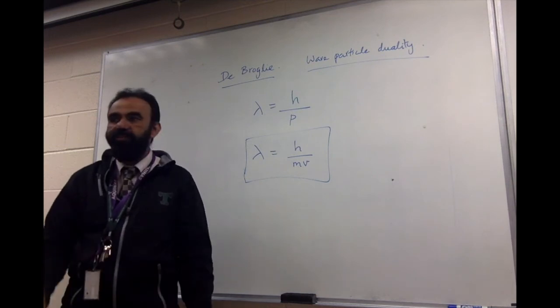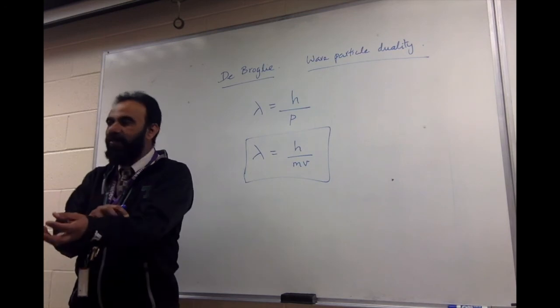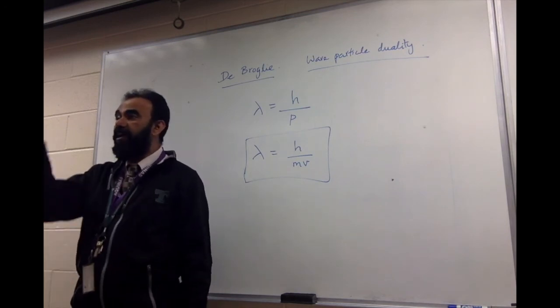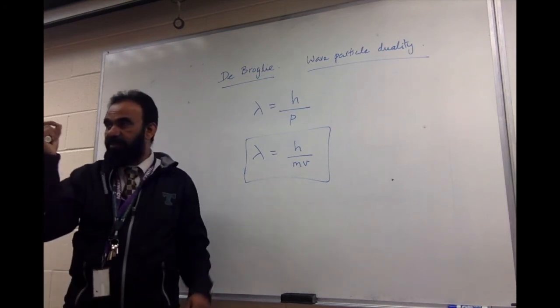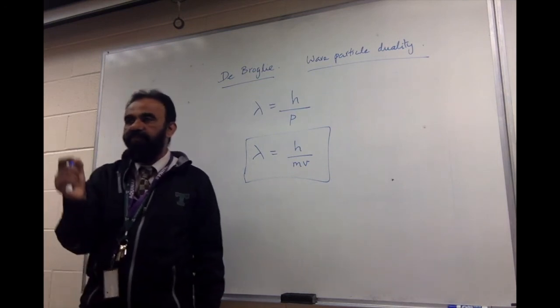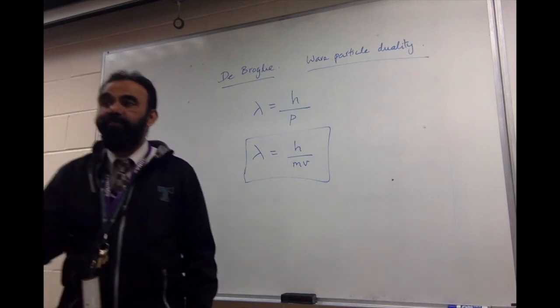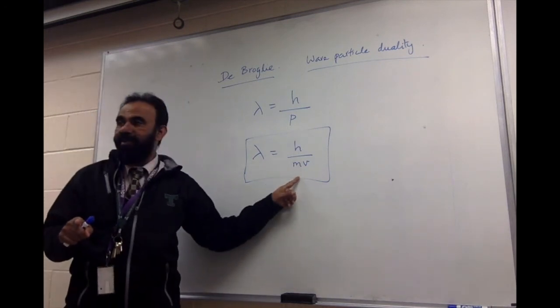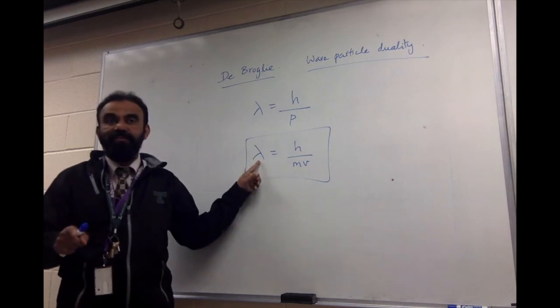When a stone lands on you, it can even kill you. So it can damage a lot of cells compared to a single X-ray photon. An X-ray photon is probably going to kill 1 or 2 cells. But a stone can do more damage than that because the stone has more momentum, and therefore a smaller wavelength.